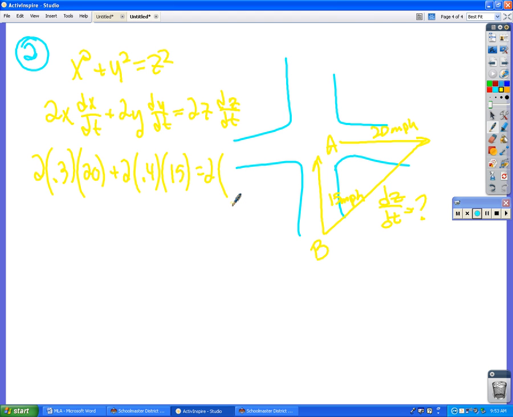Why wouldn't 0.4 be negative? Good question, why wouldn't 0.4 be negative? Aren't we looking at a coordinate system where this distance is below the x-axis? So it would be negative.